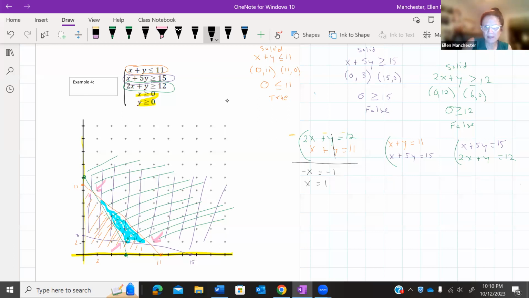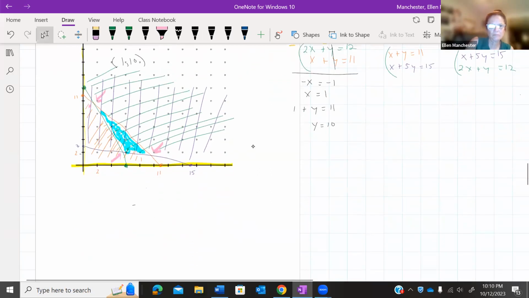Then I can plug it back in to find out what the y is. So y equals 10. So my first set where the green and the orange meet is at the point 1, 10. That's my first corner point.